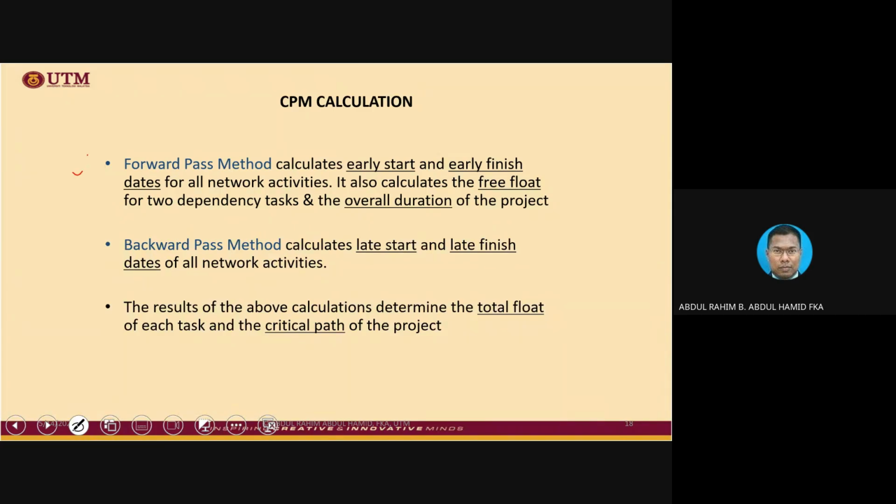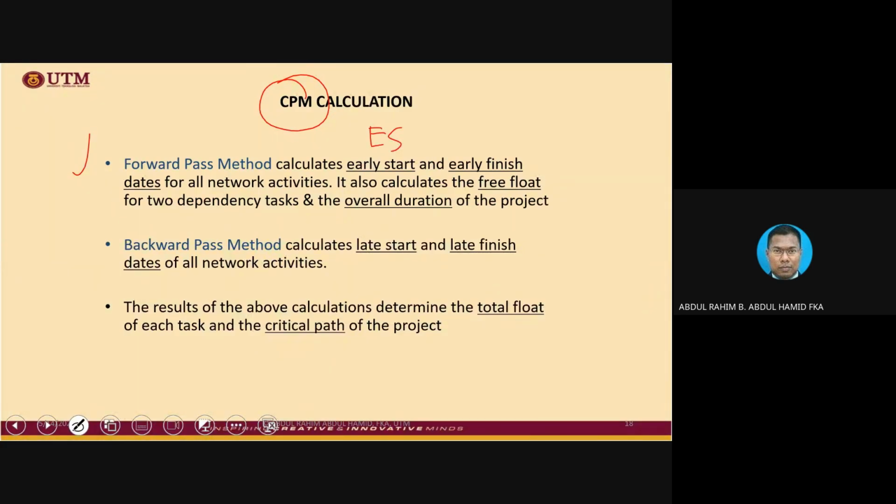Again, forward pass. The same concept as before, because forward pass and backward pass are the CPM calculation method. It does not uniquely belong to PDM or AON or AOA, no. It is basically the critical path method concept. So forward pass is for us to get the early start value.